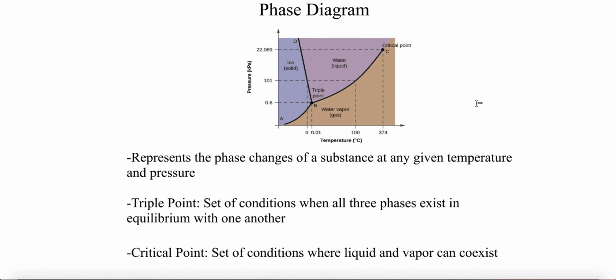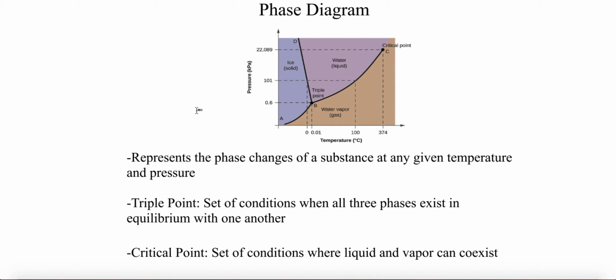So you can see here the different temperatures and pressures in which water can either be a gas, liquid, or solid, depending on the conditions. There are two important points to focus on and know about, the first being the triple point. The triple point is a set of conditions where all three phases of a substance can exist in equilibrium with one another.